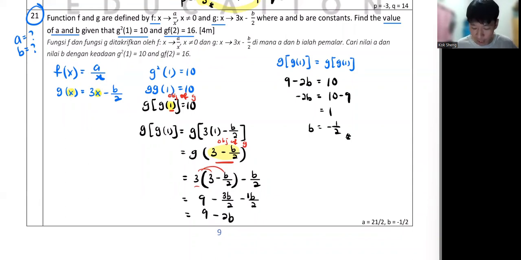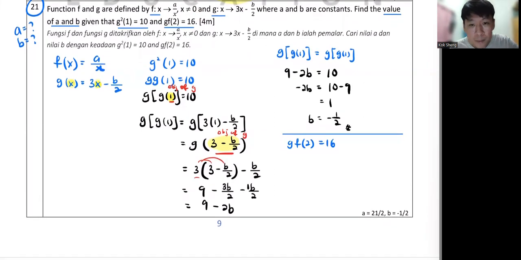And then don't forget, we have the next object here also. Just do the same thing. 4 marks. Okay, that maybe my working is too long already. gf(2) equals 16.